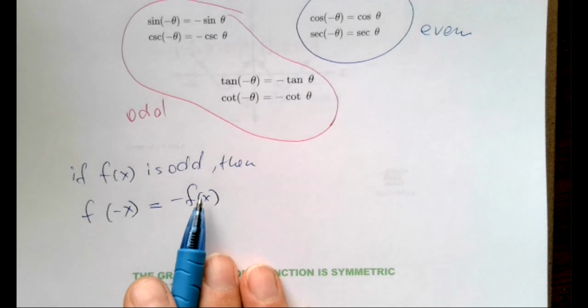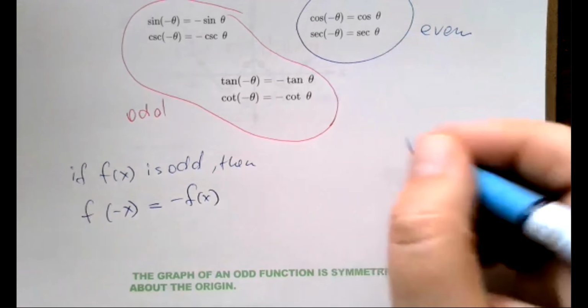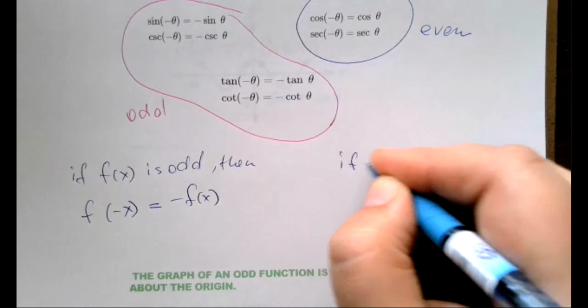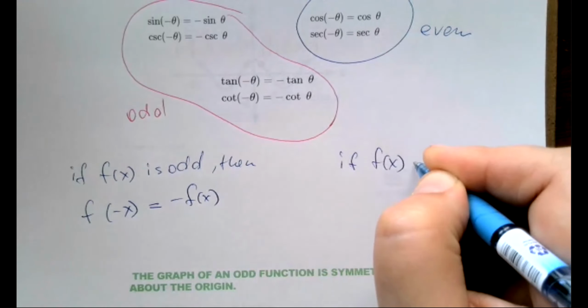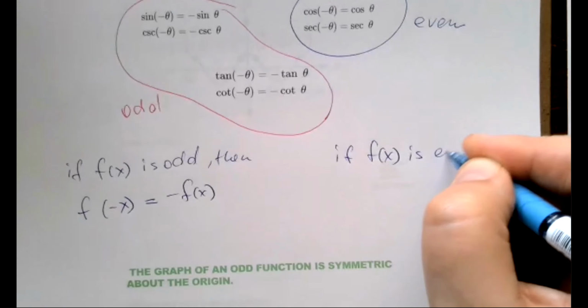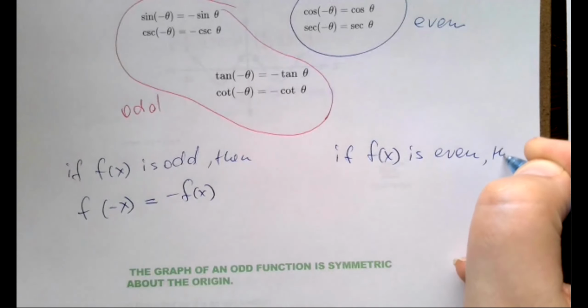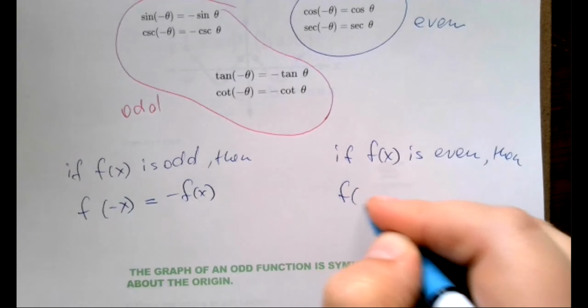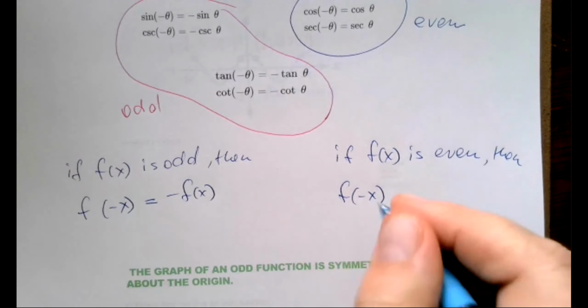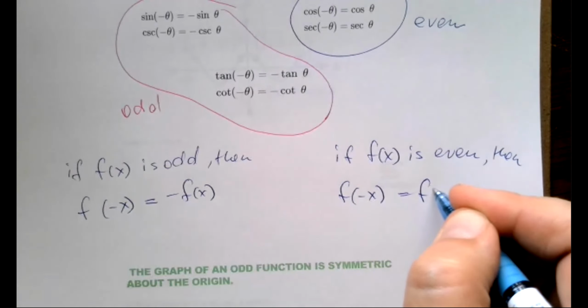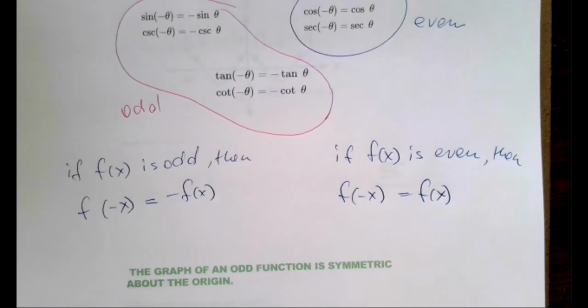Okay. Now for the even functions, if f of x is even, then when your input is negative, the output is still the same as the output of f of x.